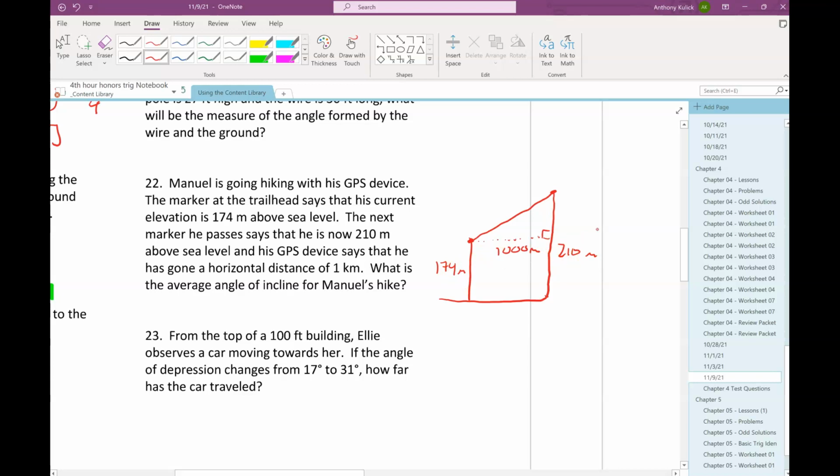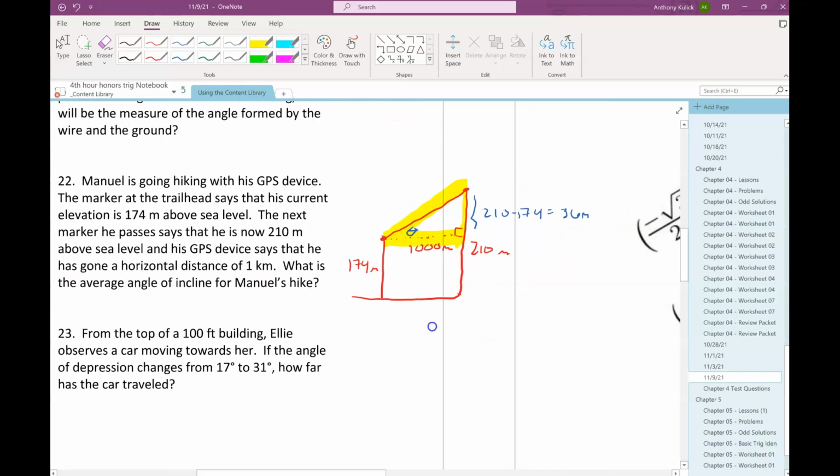I can see there's a right triangle right here. And that vertical side of the right triangle must be the difference between 210 and 174. Is that cool?